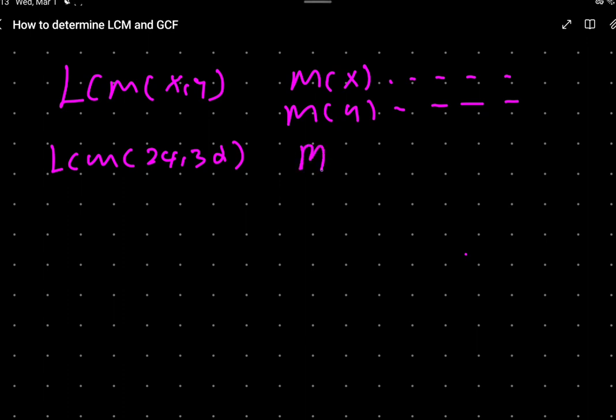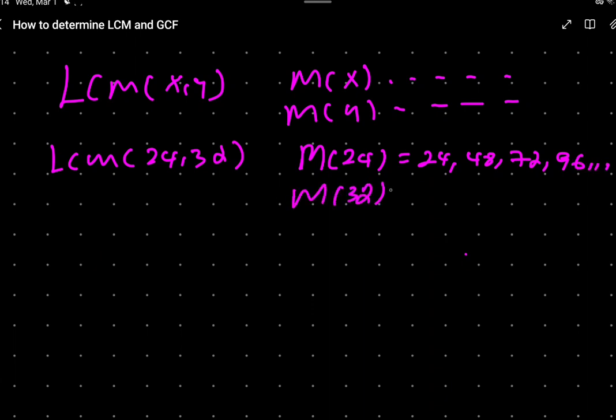The multiples of 24 are: 1 times 24 is 24 itself, 2 times 24 is 48, 3 times 24 is 72, and the next is 96. Then you find the multiples of the second number, 32. 1 times 32 is 32 itself, the next is 64, and the next number is 96.